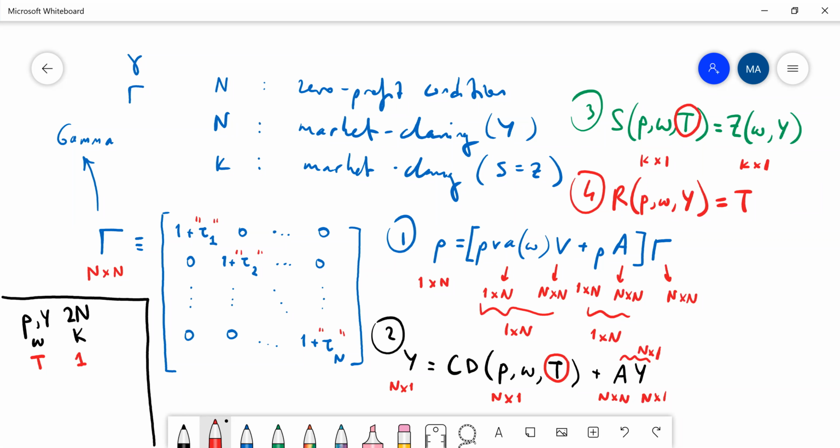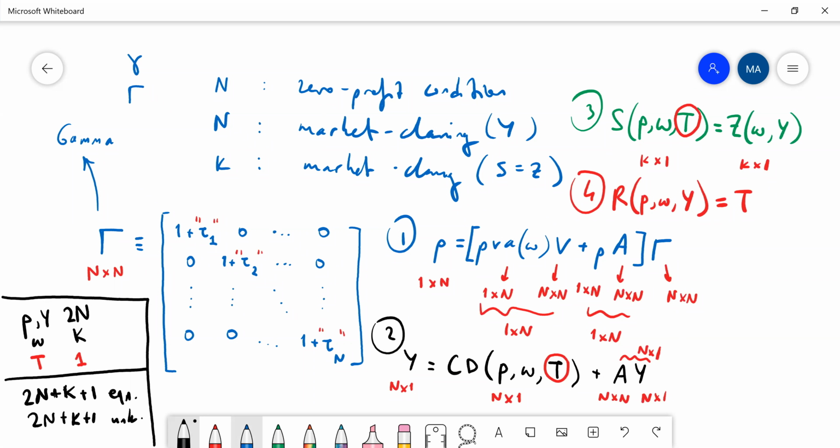So our system now has 2n plus k plus 1 equations and 2n plus k plus 1 unknowns, or endogenous variables.